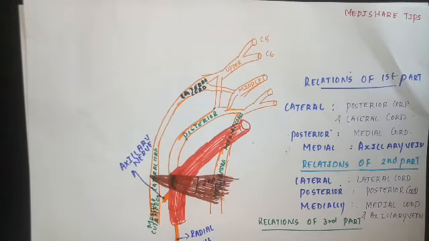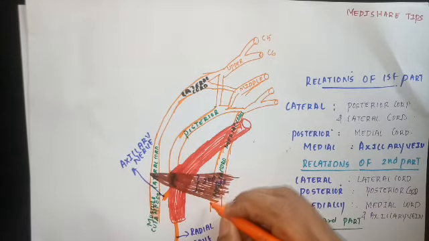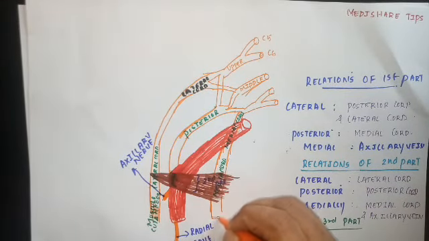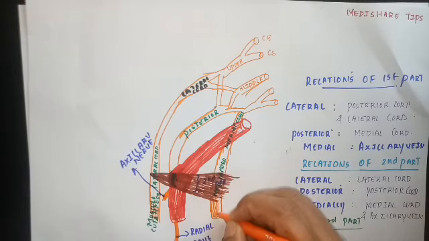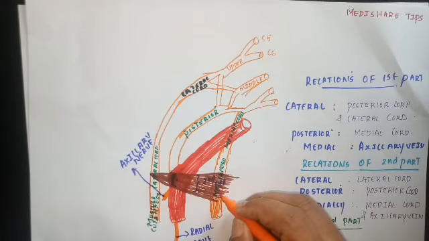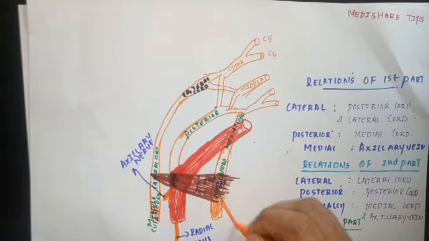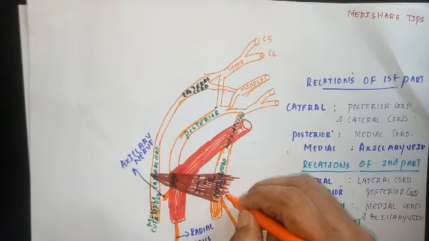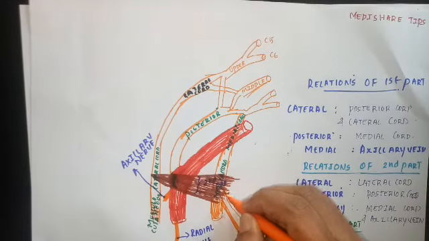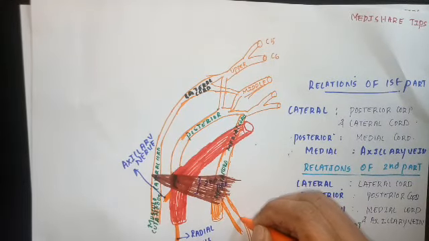And there are branches of medial cord, which include medial cutaneous nerve of arm and medial cutaneous nerve of forearm.